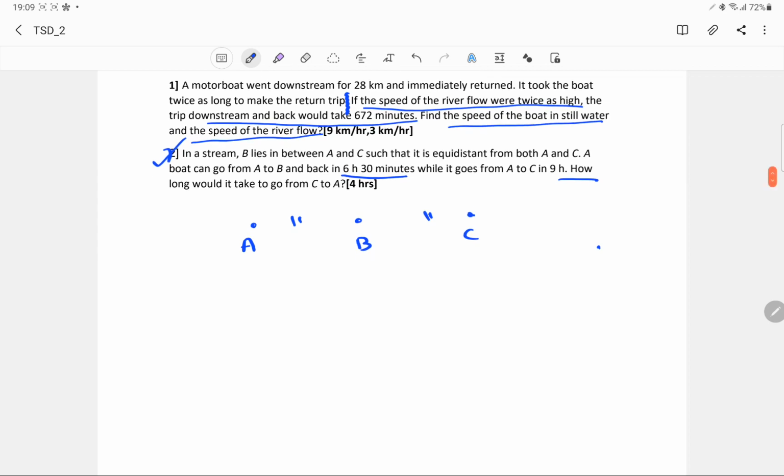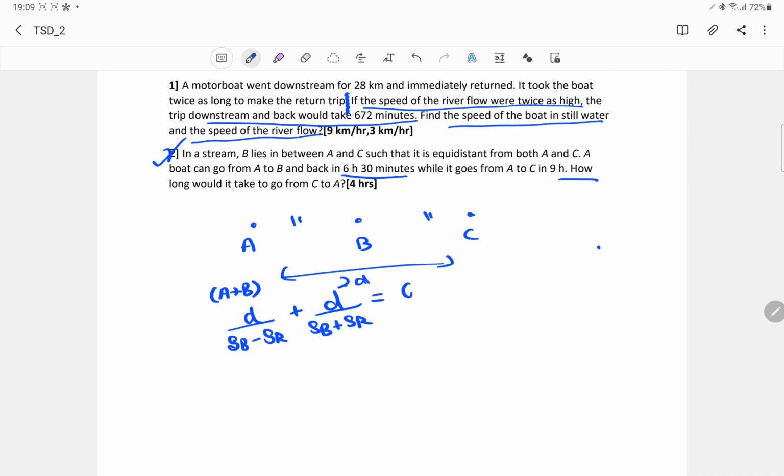If this distance is 2d, the first would be d upon speed of the boat minus speed of the river, that is A to B, and then d upon speed of the boat plus speed of the river. This is nothing but what is given over here, 6 hours 30 minutes, so this is nothing but 6.5.